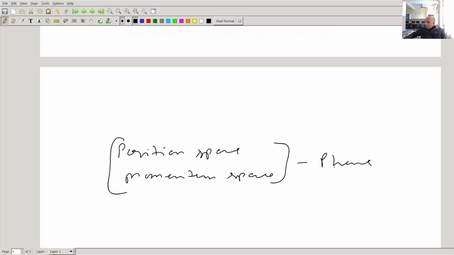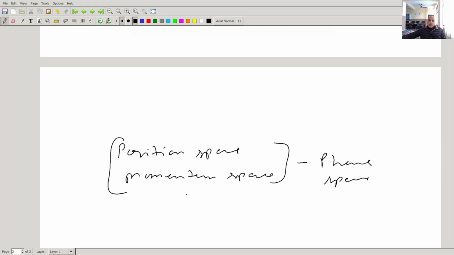I have told you that phase space is 6-dimensional because we require 3 dimensions for the position in normal cases, and three dimensions for the momentum. So this is about the phase space. Phase space is basically a combination of position space and momentum space that is required to describe any dynamic system completely. Clear? So this is the definition of phase space.